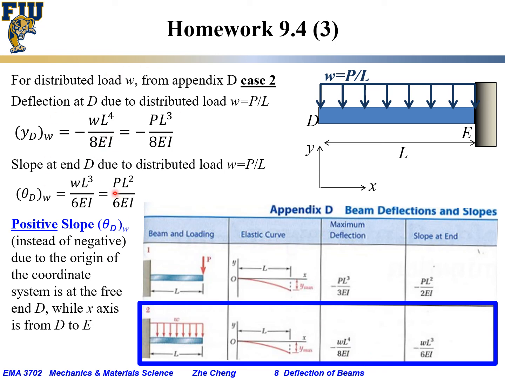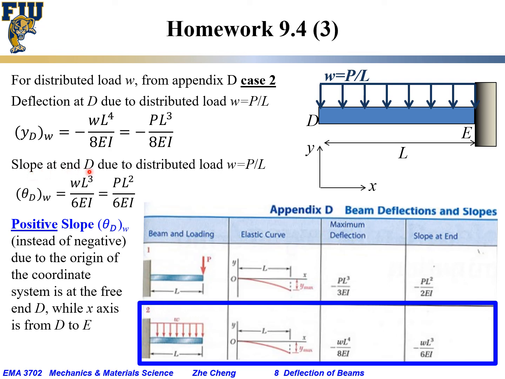That's the original one. You have a minus sign because it's deflecting downward. And the W we are going to replace by P over L, and P over L times L to the power of 4 becomes PL to the power of 3. So this would be the deflection caused by the distributed load alone at D.